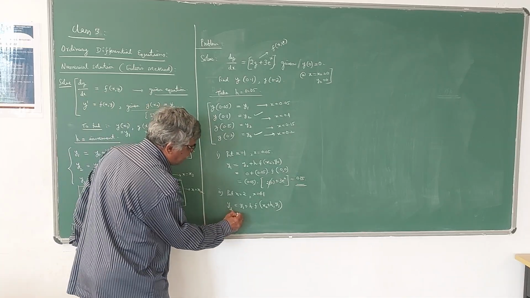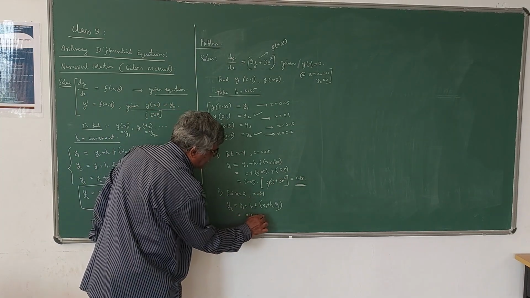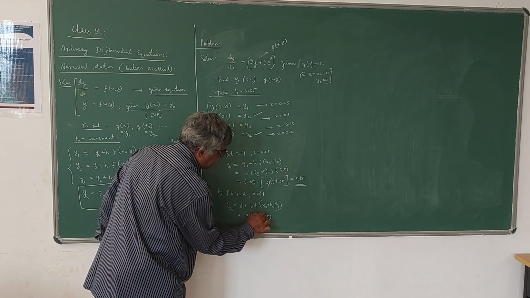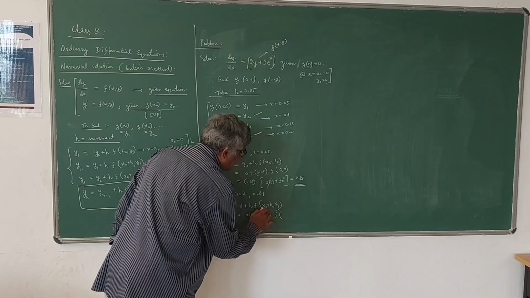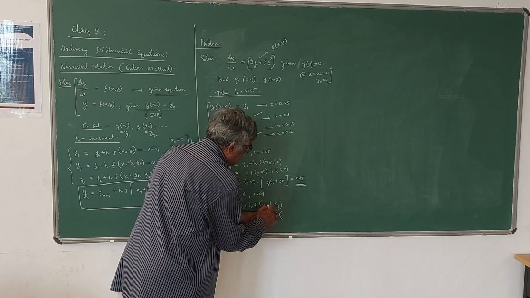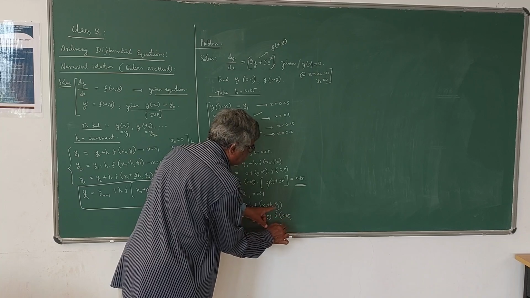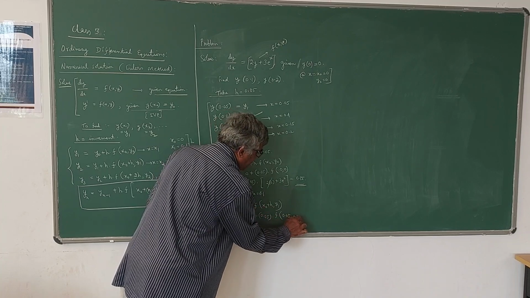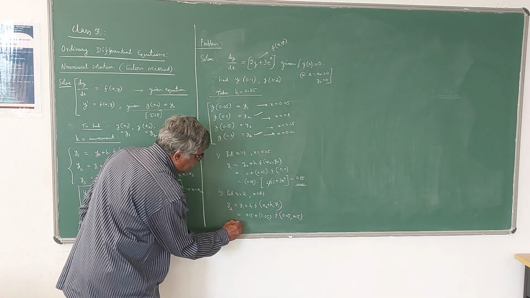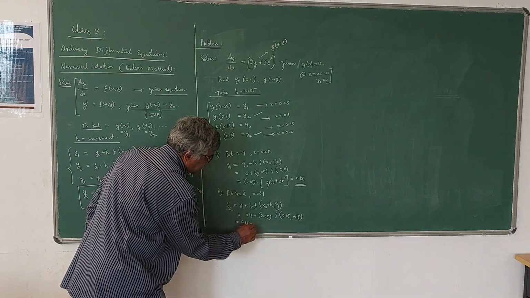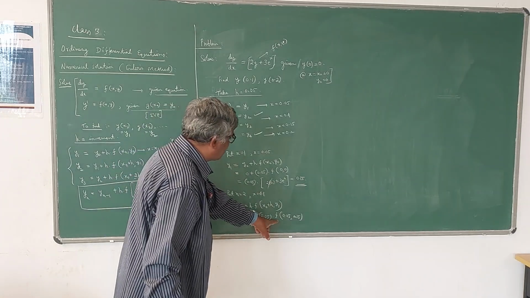Now y1 is 0.15 plus h is 0.05 into function of x0 plus h, where x0 is 0 plus h is 0.05. So this becomes 0.05. y1 is 0.15. Be very careful. Now this becomes 0.15 plus 0.05 into, now we have to get the value of this function.